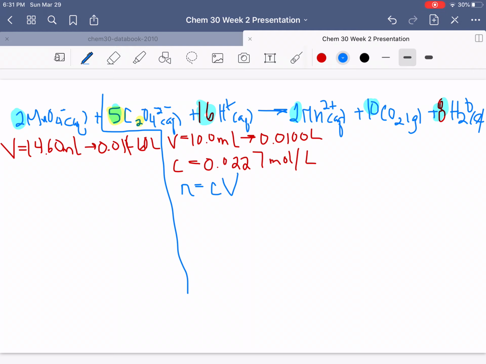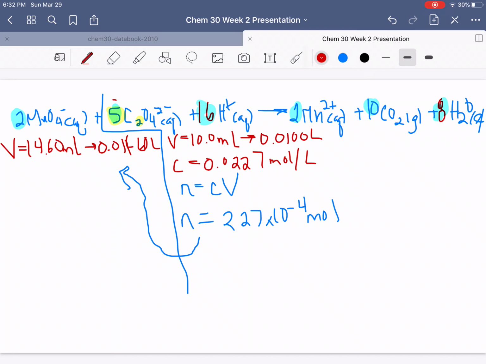Multiply those two together. Show your units. 0.0227 moles per liter times 0.0100 liters. We're going to get n equal to 2.27 times 10 to the negative 4 moles. Now that's n for the C2O4 2 negative, but I can again use the mole ratio to get the number of moles of the MnO4 negative. How do we do that? Well, there's going to be quite a bit involved.